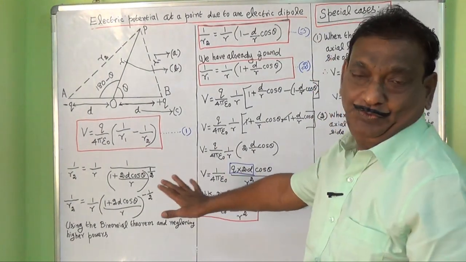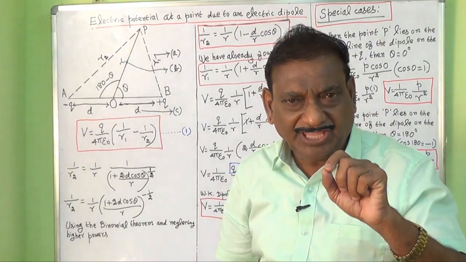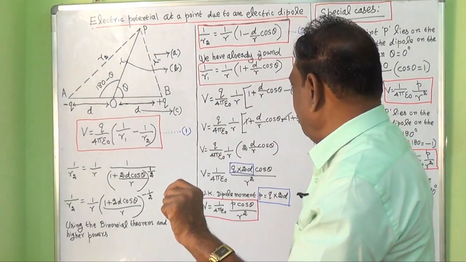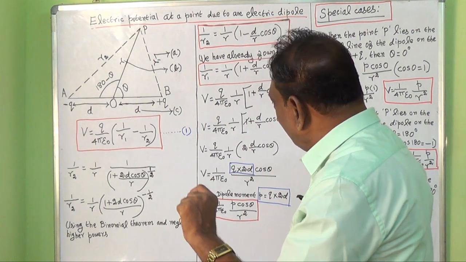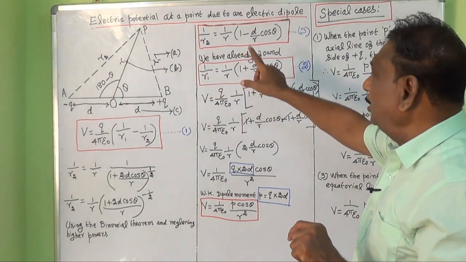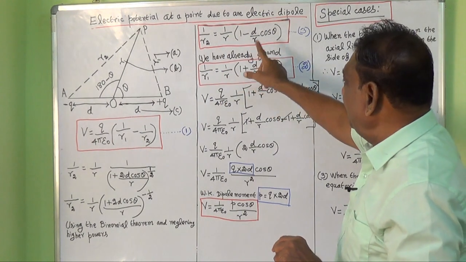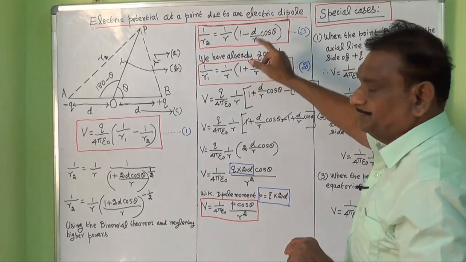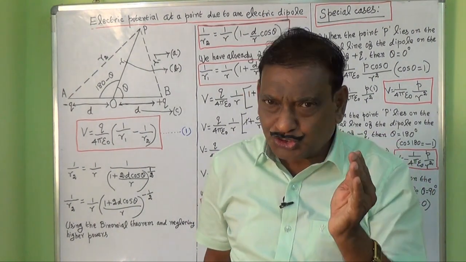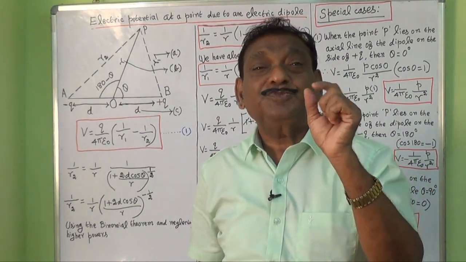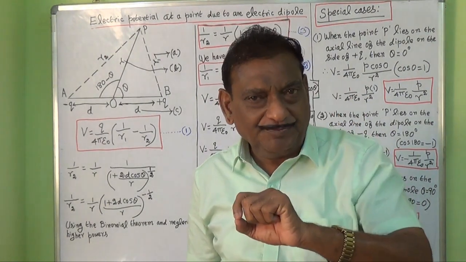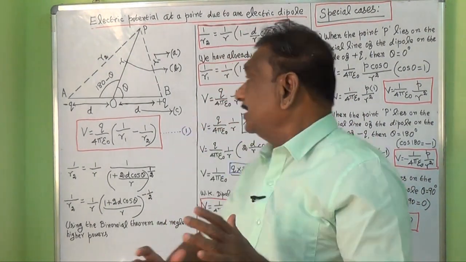Then using the binomial theorem and neglecting the higher powers, the equation becomes 1 by R2 equal to 1 by R into 1 minus D by R cos theta. The students can see my separate videos to understand the concepts of cosine law and binomial theorem in detail.